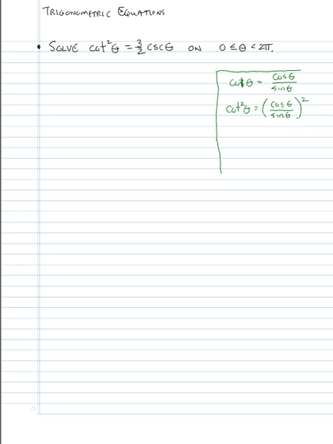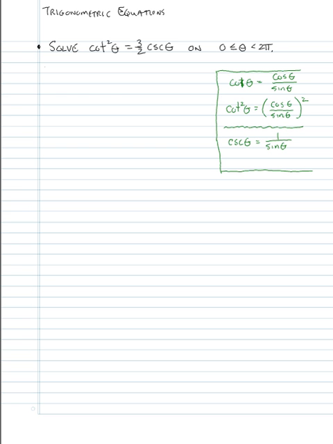And the other thing that I'm thinking is that cosecant of theta can be written in terms of sine of theta. That's 1 over sine of theta. So I could replace cotangent squared theta, and I can replace cosecant theta with things involving only cosines and sines. And that's my preference. Doesn't mean that's what we have to do here, but that's my preference.